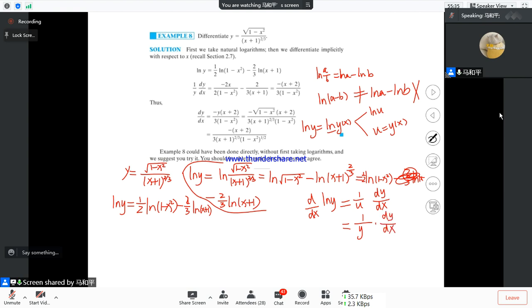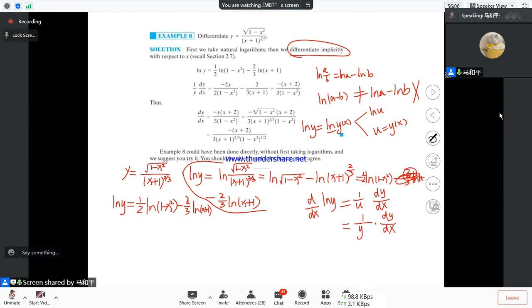If you are not sure about implicit differentiation, you can review this part. We learned it last semester. And I remember you know it, but today.